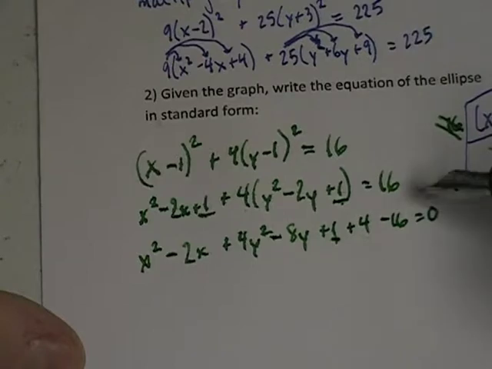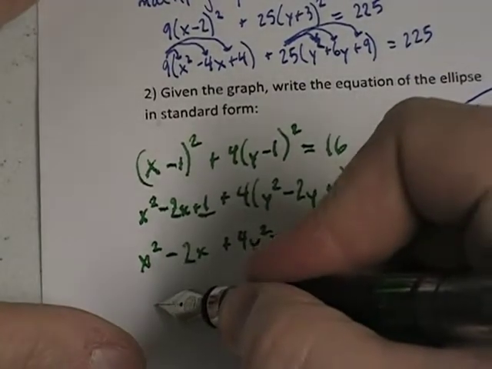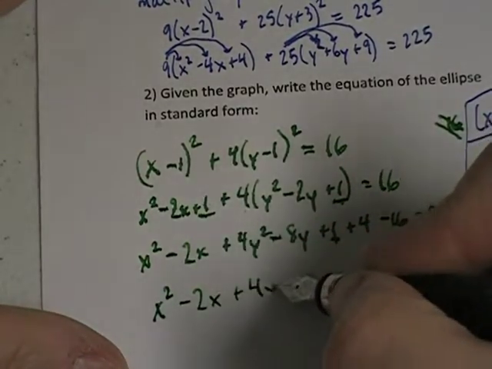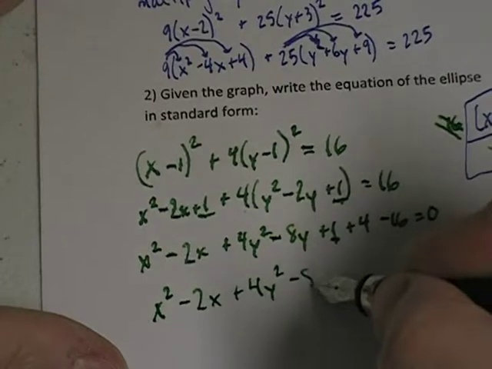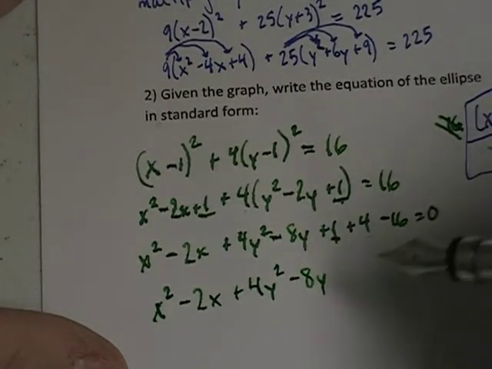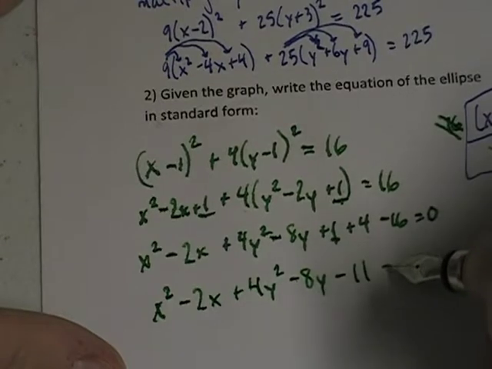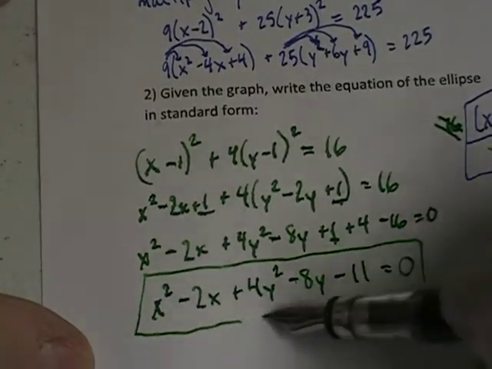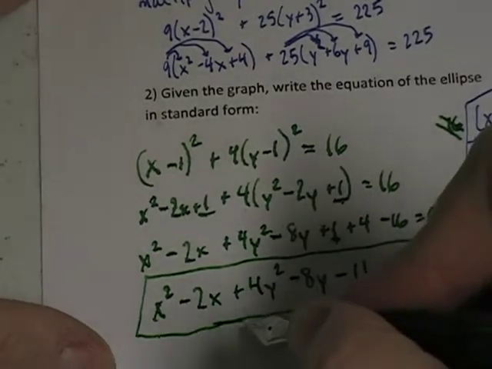It went here. And then this 16 is going to be subtracted. Combine those like terms, and our final answer will be x squared minus 2x plus 4y squared minus 8y. Right? And 1 plus 4 is 5. And 5 minus 16 will be something like negative 11. And that will be our equation in standard, right?